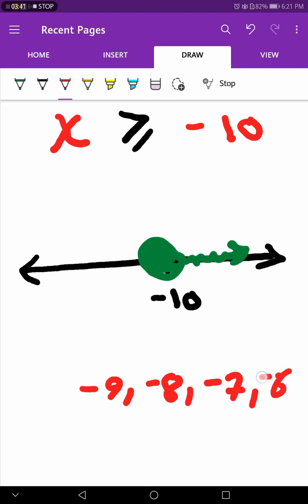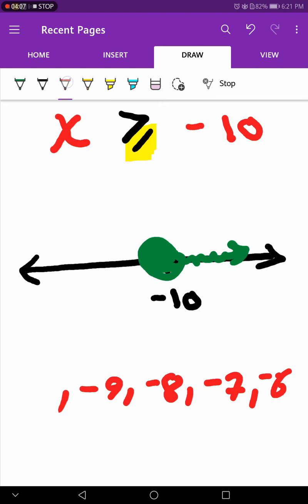Okay, and so on to infinity, yes? Okay, Yaman, can you tell me if the negative 10 is one of the solutions or not? And why? It is one of the solutions. Why? Because it's greater than or equal, so because this sign exists, the negative 10 is included.